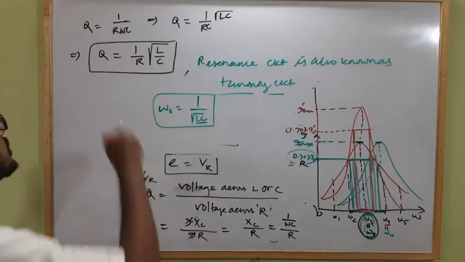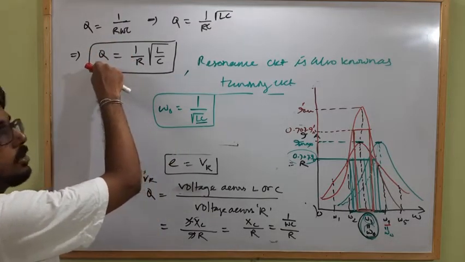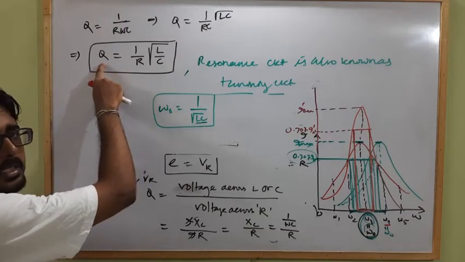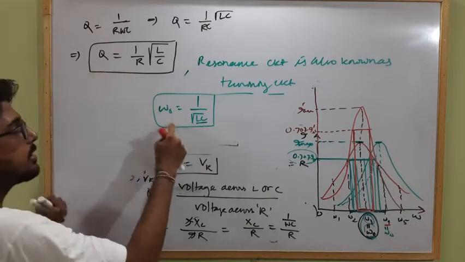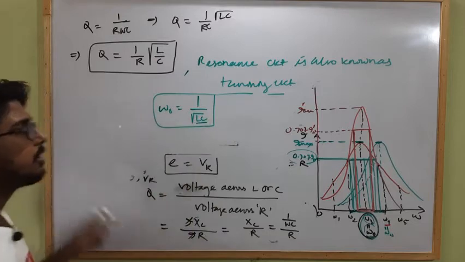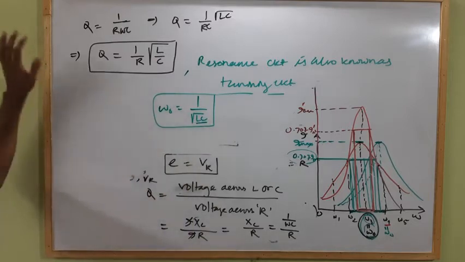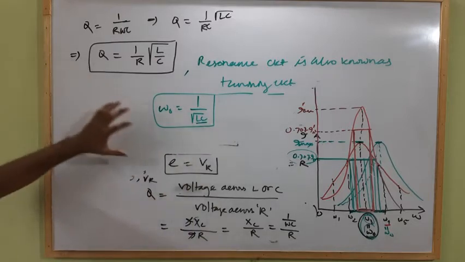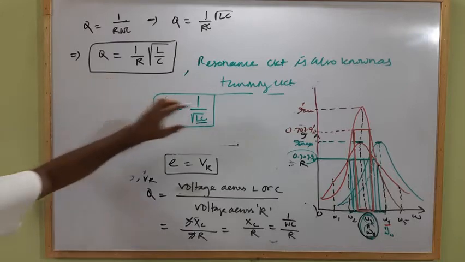Clear? So this is known as the quality factor, which will determine the sharpness of the LCR or resonance circuit, and this omega naught will determine the resonance frequency of the LCR circuit. Clear? That's why these two factors are used to tune the circuit.